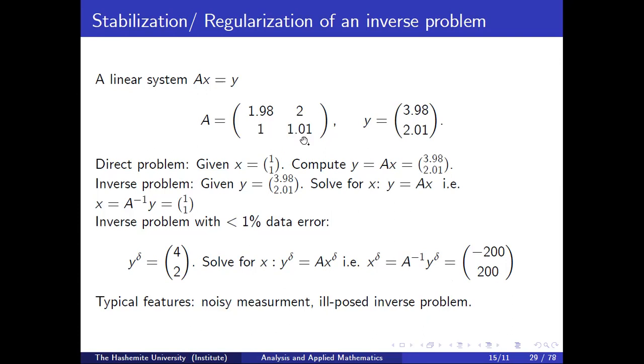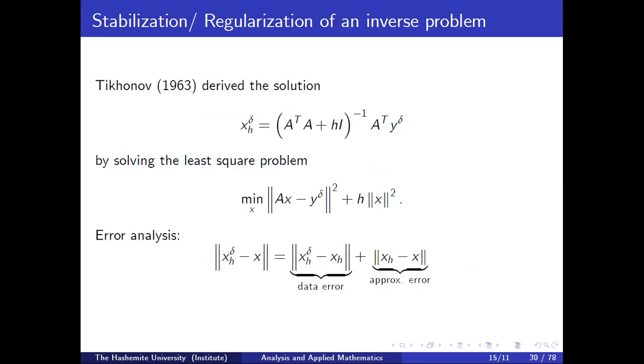In mathematics, we know that using matrix inversion is not a good idea to solve a system, because the inversion is affected by small changes in the data. So what's the idea? Tikhonov, in 1963, gave the solution of this problem. He said to take X equals A transpose A plus H times the identity, inverse, times A transpose Y delta, by minimizing this problem.